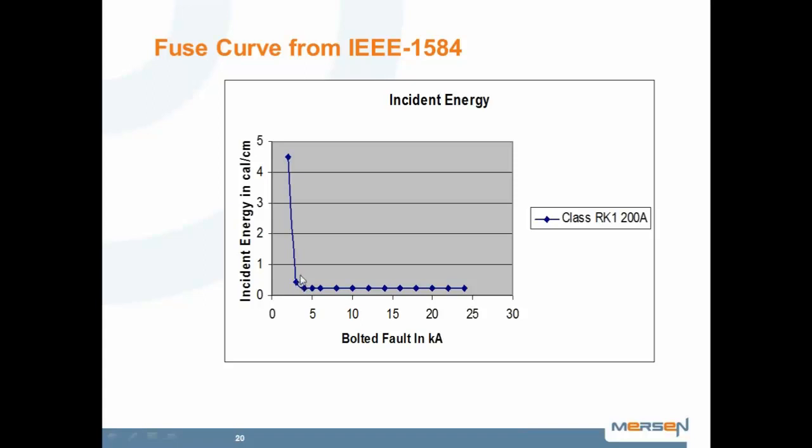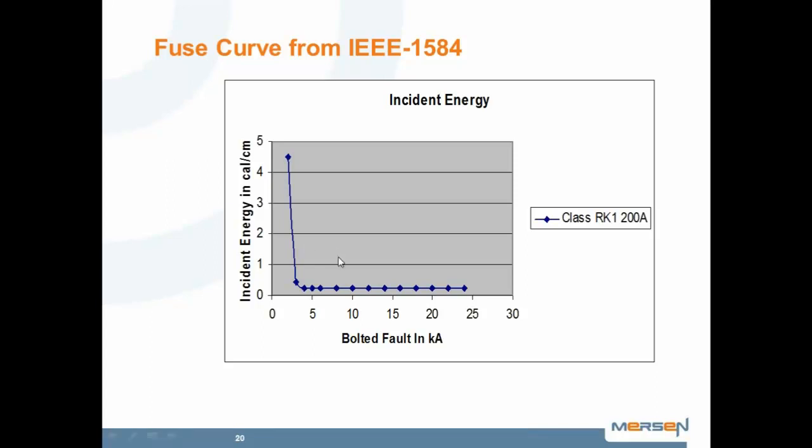However, if the current is so low that it fails to melt the short circuit strip right away, it will be in time delay, and time delay will let the circuit cook, and it will have a lot more incident energy.